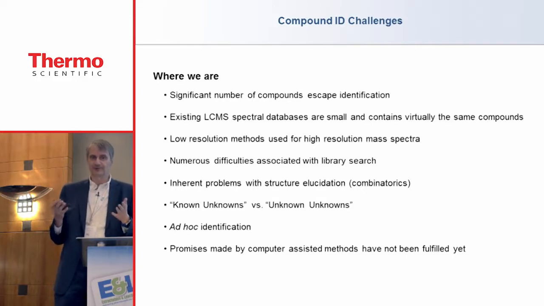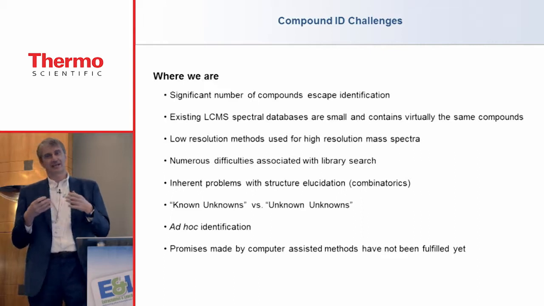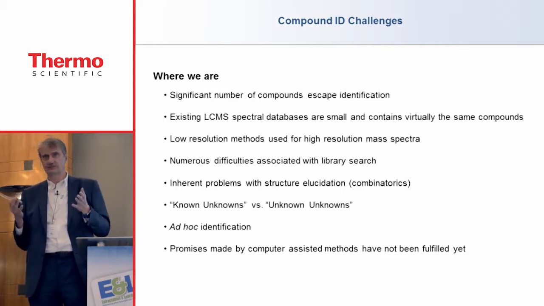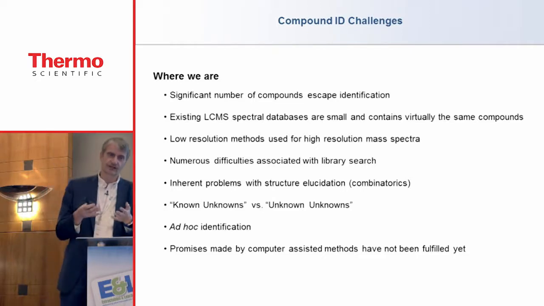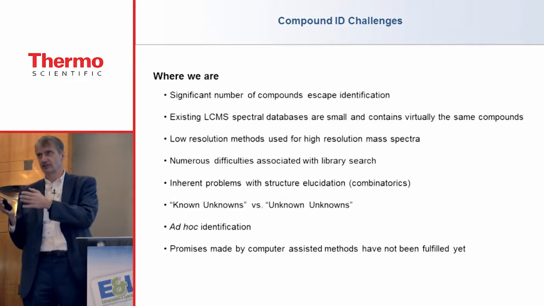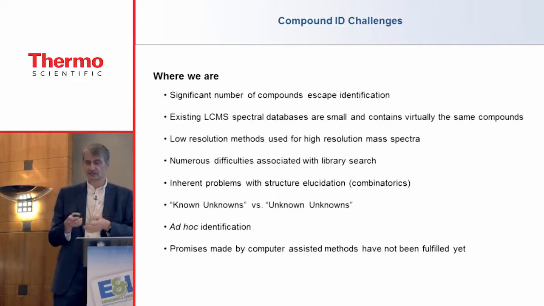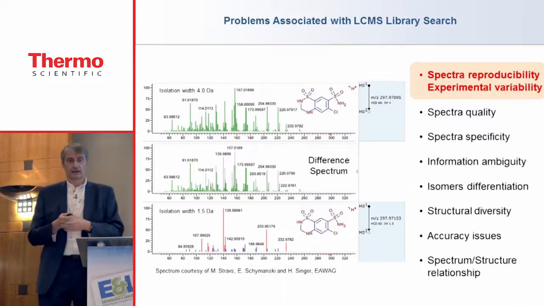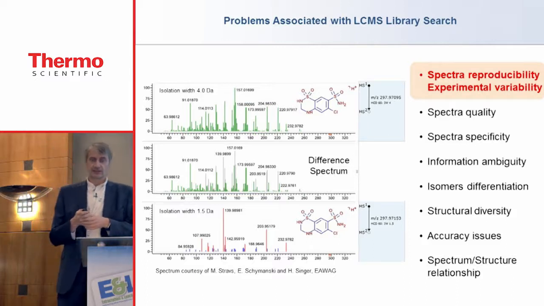You probably know those are overstated claims, and actually there is no automated method for structural elucidation, regardless of what you can read in the scientific literature. The motivation of academic groups is a little bit different, and we have to solve the real problem. We have a sample, and we have to identify the compounds and sign the results, and not only produce scientific papers. Well, what's the problem with the library searching method? First, spectral reproducibility.